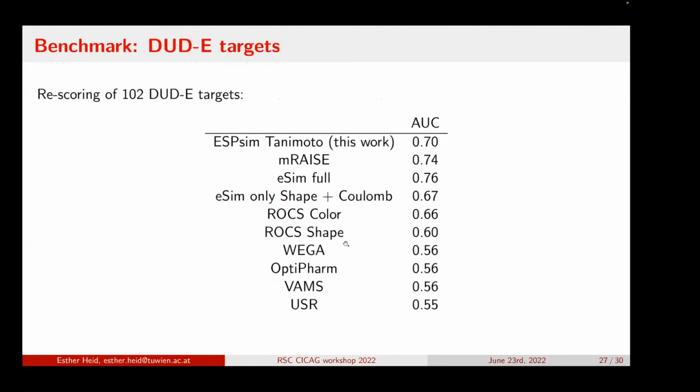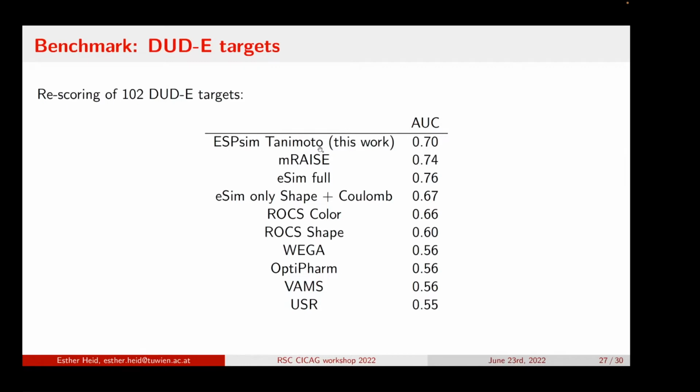The second benchmark that I wanted to talk about is StatE, which is the benchmark for protein ligand scoring. So if you work in that field, you will have probably heard about it. And we get a classification area under the curve of about 0.7.